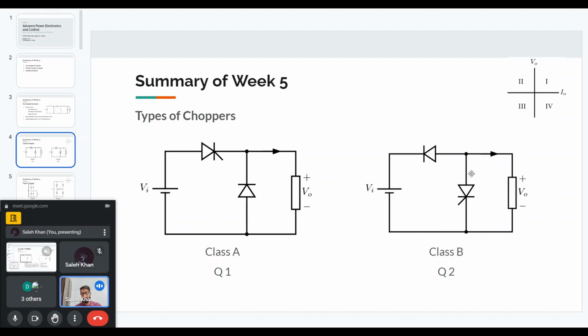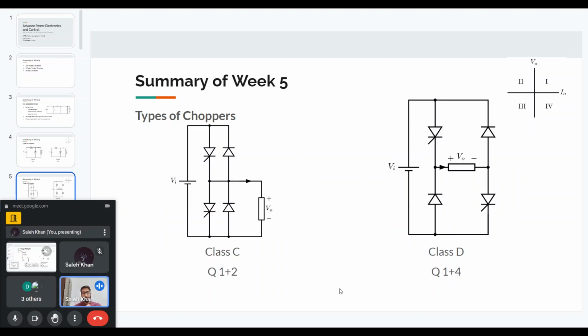So it is a quadrant 2 chopper, because the voltage will still be positive here, but the current will be in the opposite direction. The load will feed the source. You can imagine, in the case of a motor that we are stopping or braking, it will send power back to the source. So it is a quadrant 2 chopper where we have positive output voltage and negative output current. In this direction, the current will be opposite to the direction that is shown. So this is a class B chopper.